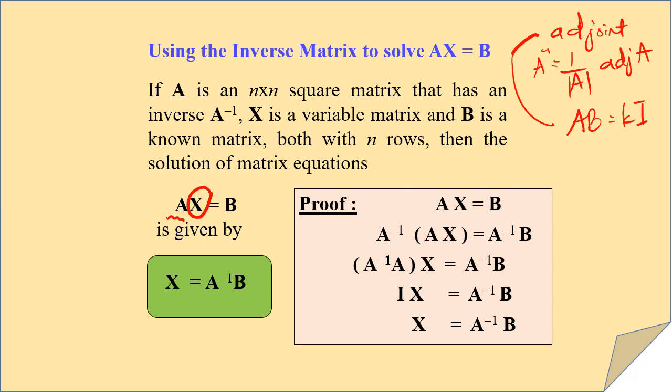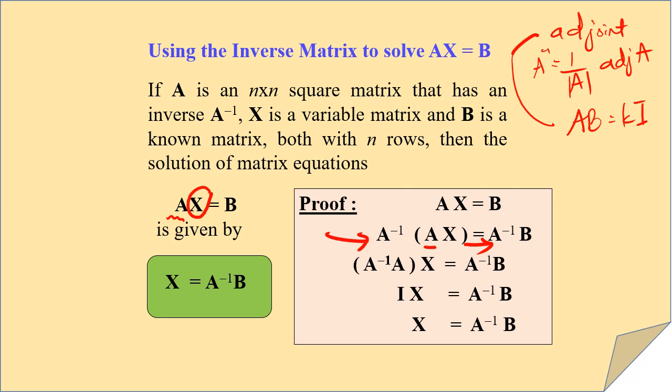That's why we need to multiply A inverse from the left side, because matrix A is on the left side of the equation. So if we multiply from the left side, on the right side we also need to multiply from the left. That's why we have A inverse multiplied by AX equal to A inverse multiplied by B. It must be from the left because matrix multiplication is not commutative.